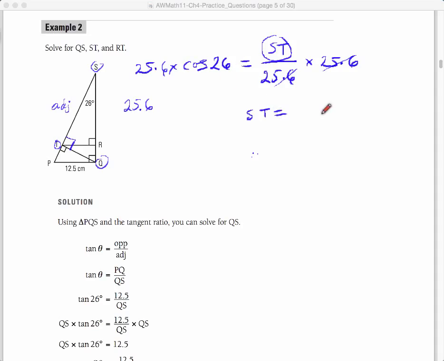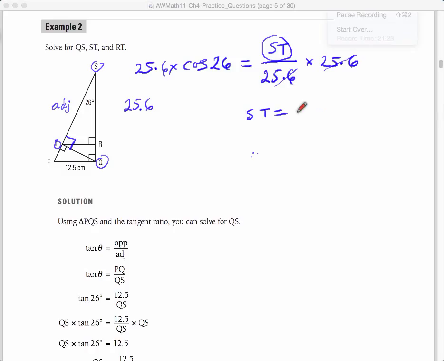So ST on your calculators we'll find as 23.0 in length. Okay, now we have that equal to 23.0. We can now look at triangle STR.